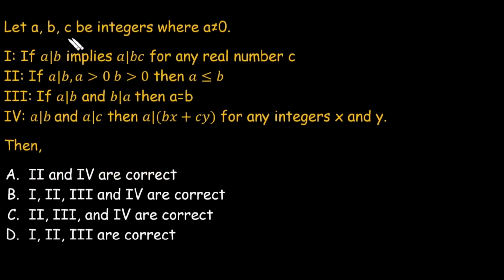Next, let A, B, C be integers where A is not equal to 0. The first condition is if A divides B implies A divides B into C for any real number C. This statement is incorrect. Why? Because when we say that A divides B, according to this, B by A is equal to an integer.